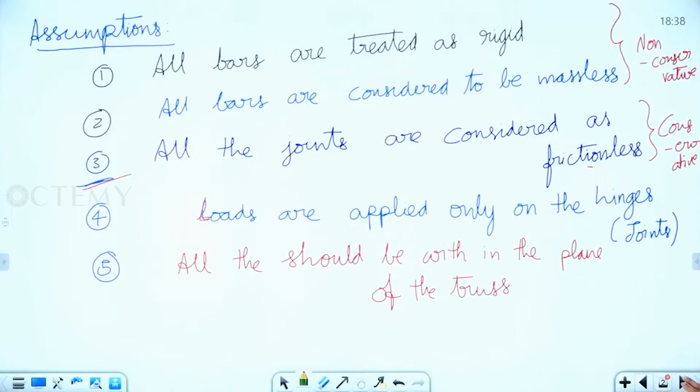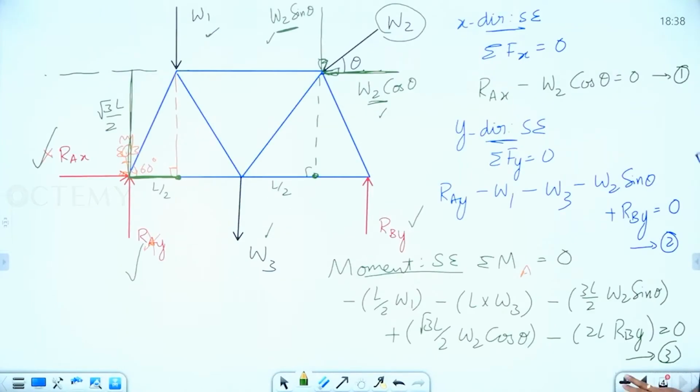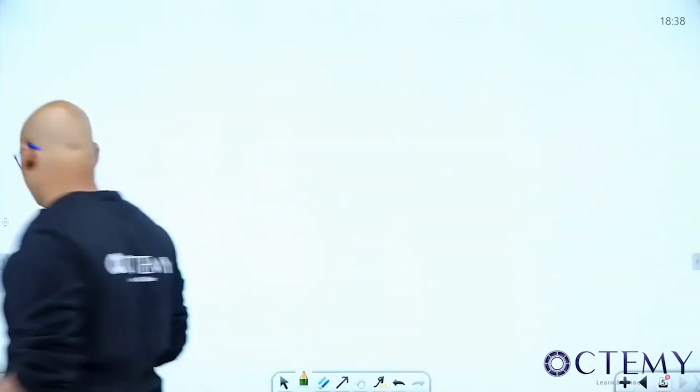Next, go for the next step, that is step 2.